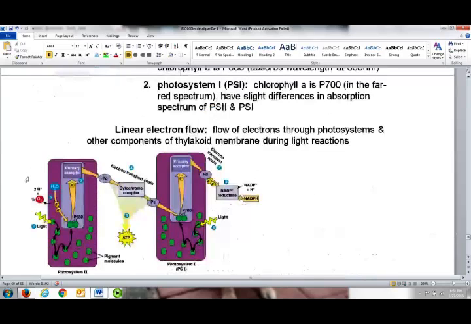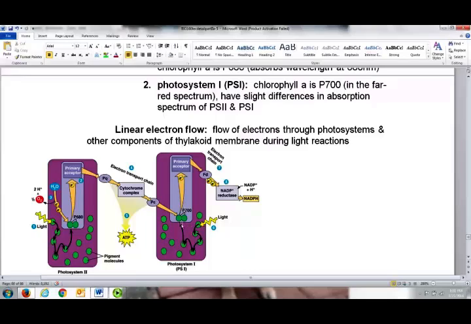So here you can see we've got photosystem 2 that comes first. The energy from the light comes in and is going to be passed along. The electron gets excited to the primary electron acceptor. It's going to get passed down this electron transport chain. You're going to produce some ATP in the process, and it's going to get elevated again.